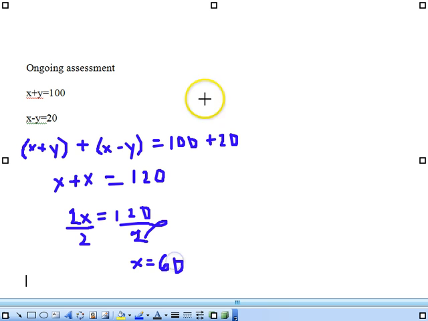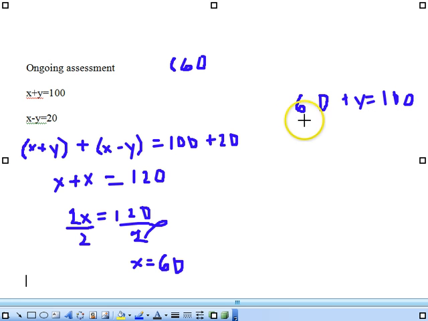So for your solution for this system of equations, your x number is going to be 60. But now you need to take 60 and plug it into one of these equations here, okay? And I'll just plug it into the first one, 60 plus y equals 100.